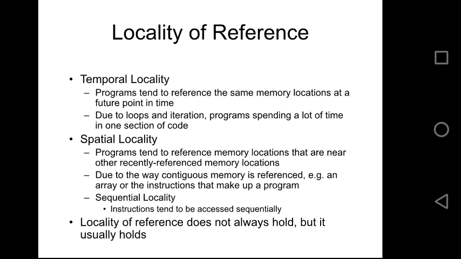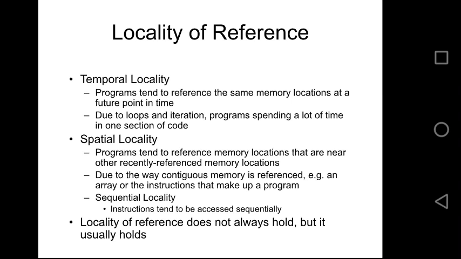Whereas in spatial locality of reference, programs tend to reference memory locations that are near other recently referenced memory locations, due to the way contiguous memory is referred to, for example an array.